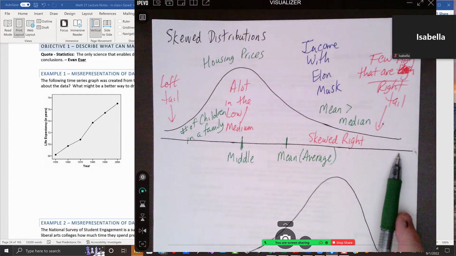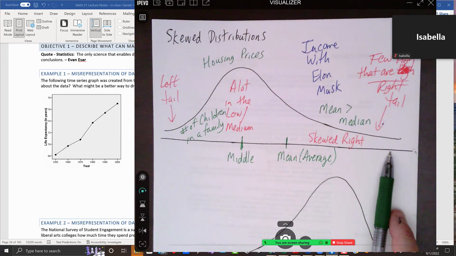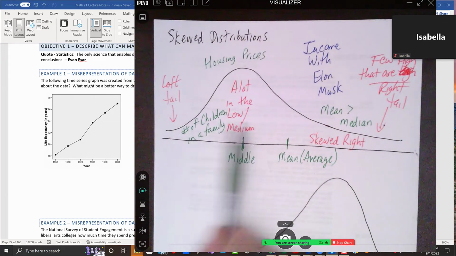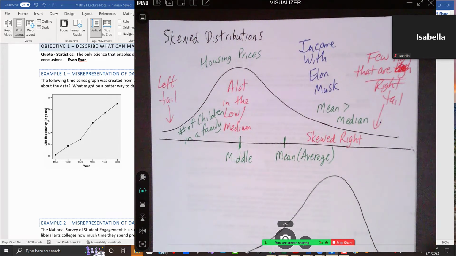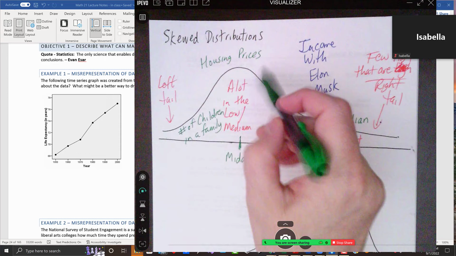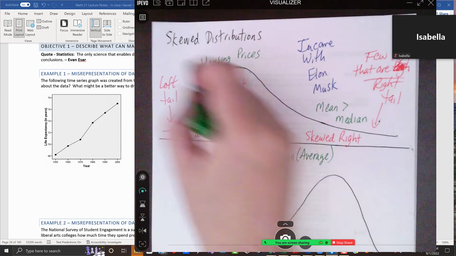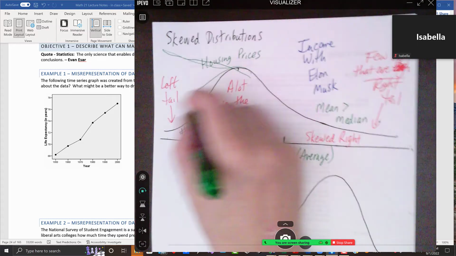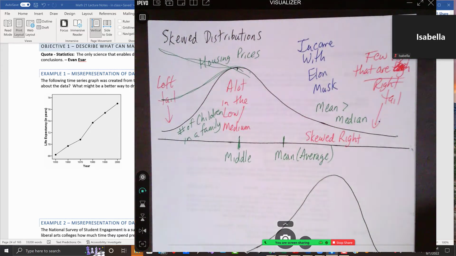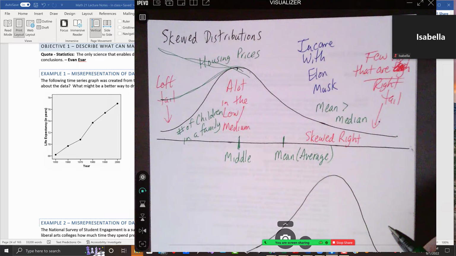We've got very, very few families that have 9 children. So most families are in this lower region. And it might be more like that for children. Like there's a lot of people with no children.